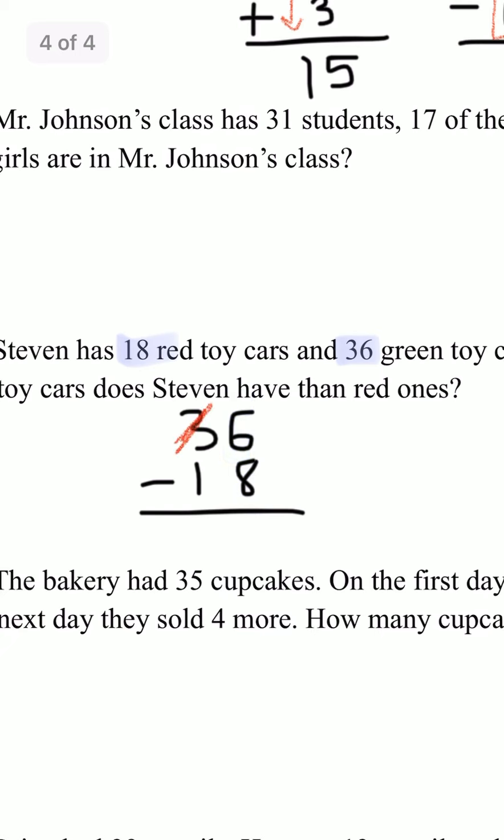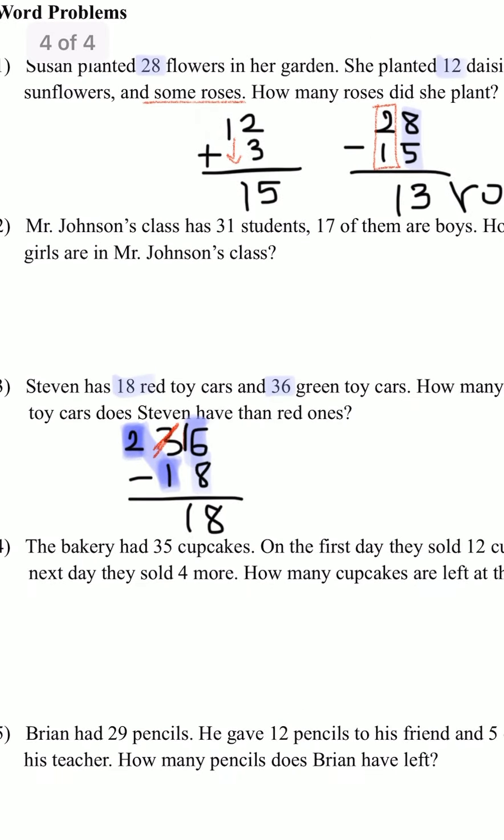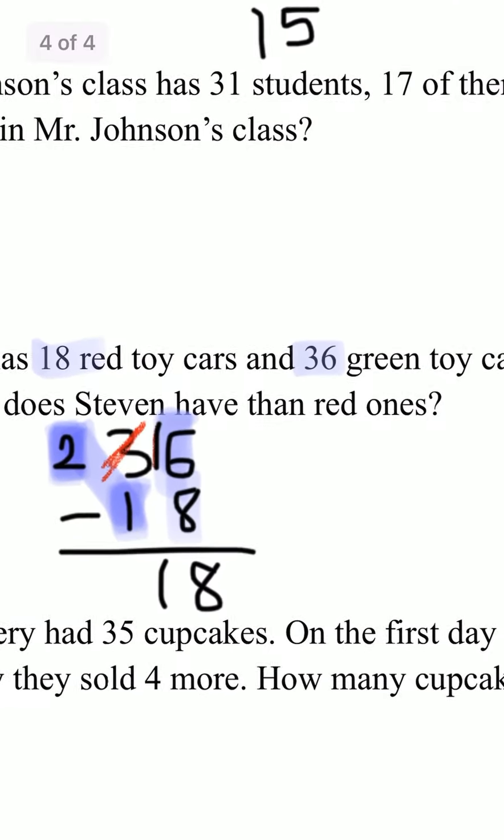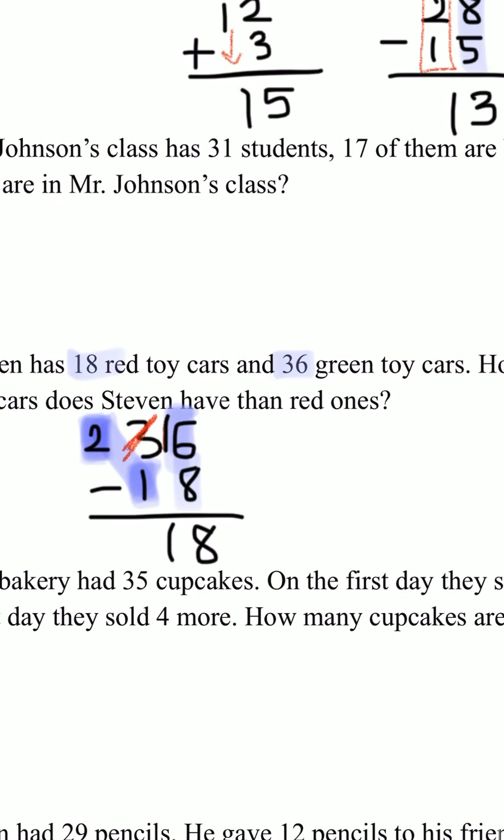So this 3 is going to become a 2. And now we're going to have 16 over here. So think of this as a 16. 16 minus 8 is going to be 8. And now here we have 2 minus 1. That would be 1. So Steven has 18 more green cars than the red ones.